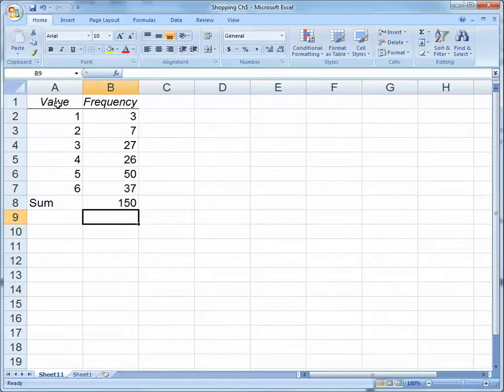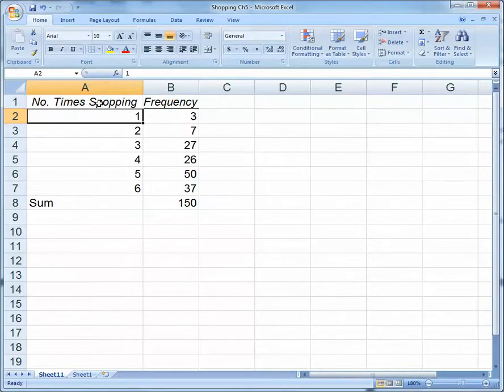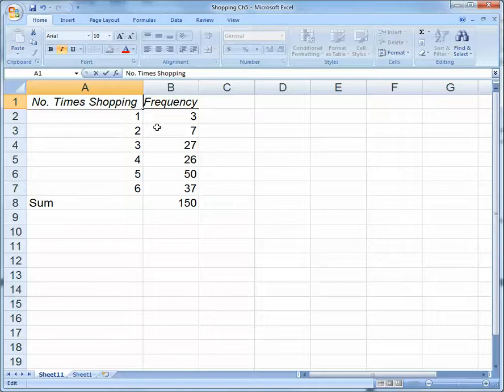Okay, let's clean this up. Instead of value, what do I really have here? I'm looking at shopping frequency, right? Number of times shopping. Ooh, I think I said spopping. Yeah, we'll clean that up. Shopping.